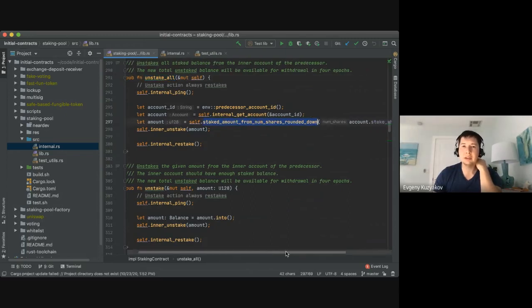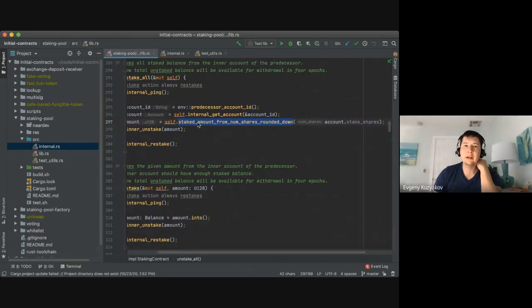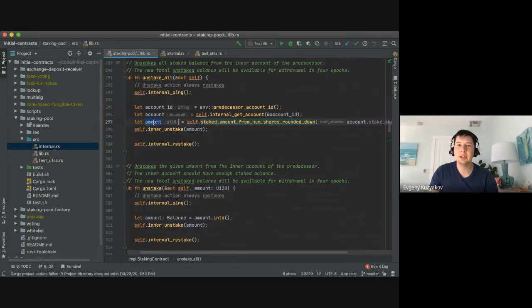This is the helper method which says: convert my number of shares to a yoctoNEAR amount, and round down, because we cannot give you extra for your shares multiplied by price. And that's how we get the amount, and then we call unstake for the given amount.